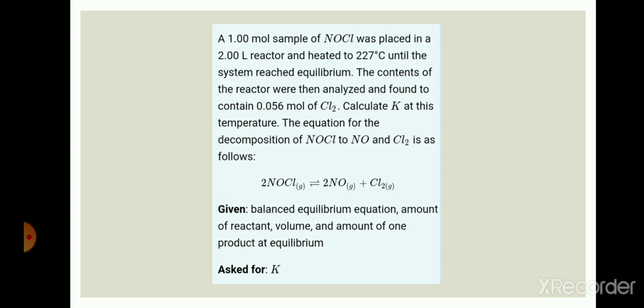The contents of the reactor were then analyzed and found to contain 0.056 mole of Cl2. Calculate K at this temperature. The equation for the decomposition of NOCl to NO and Cl2 is as follows. The given is the balanced equilibrium equation, the amount of reactant, the volume, and the amount of one product at equilibrium. What is asked is only K, which is to be calculated.